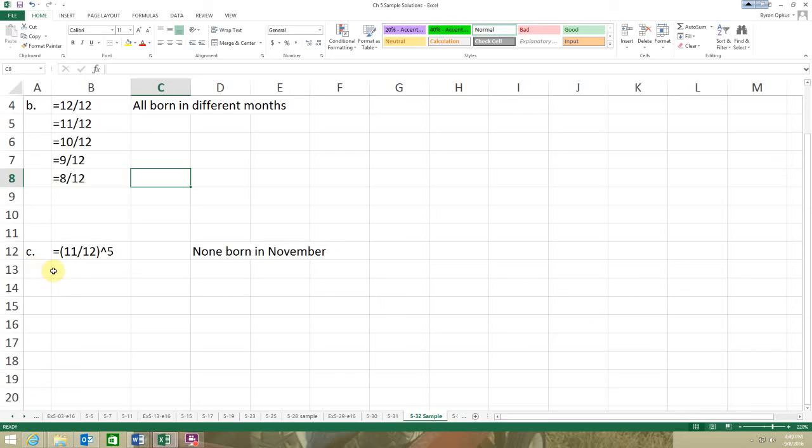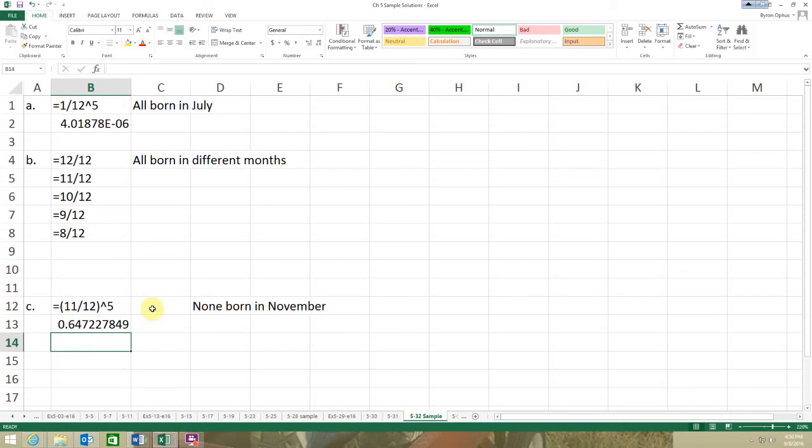So if I ask that first person, were you born in November, there's 11 out of 12 chances that they would say no, okay? And that's going to be the same for each person. So here I've got 11 divided by 12 to the 5th power, and this one I can calculate: 11 divided by 12 to the 5th power is about a 65% chance that none of them were born in November. That should help you guys with your problem 32.